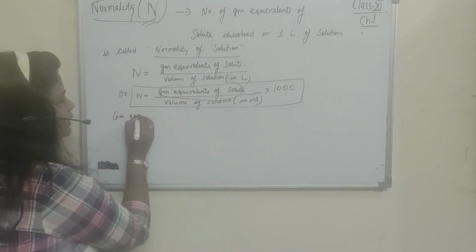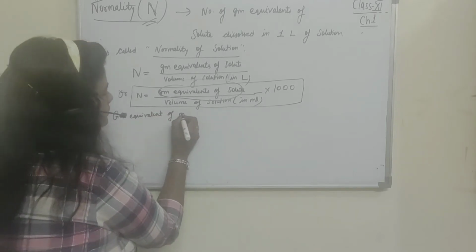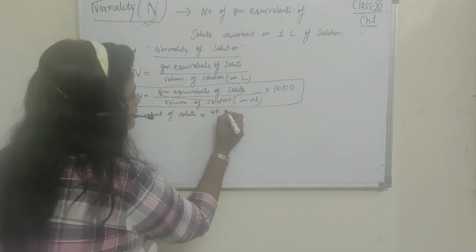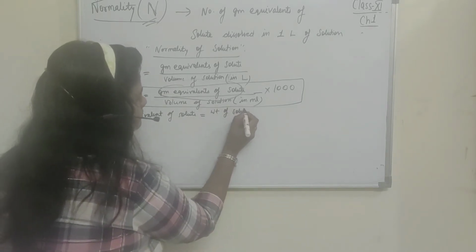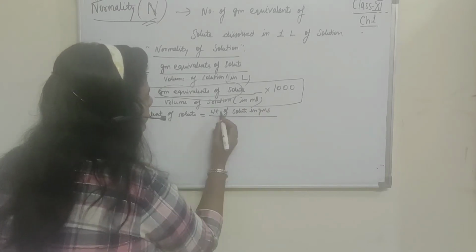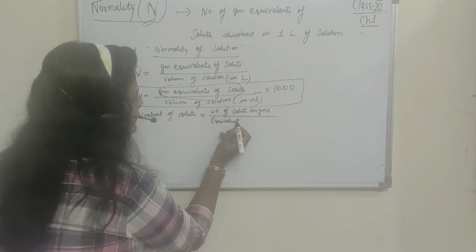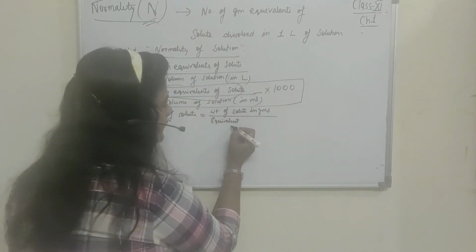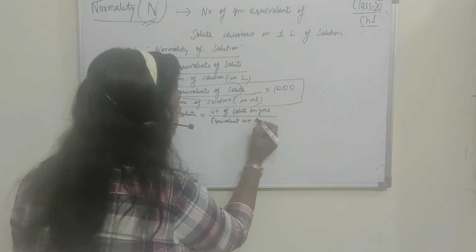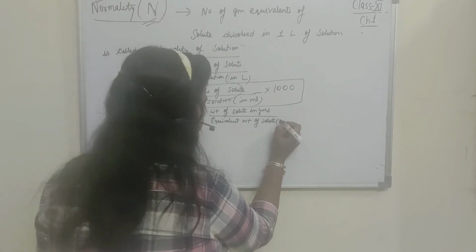Gram equivalent of solute will be equal to weight of solute in grams divided by equivalent weight of solute in grams.